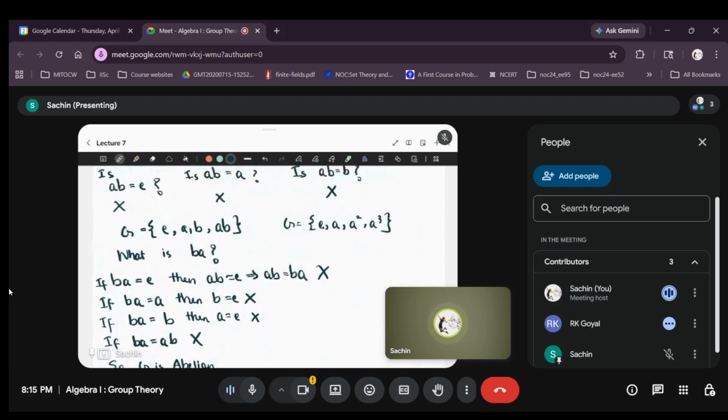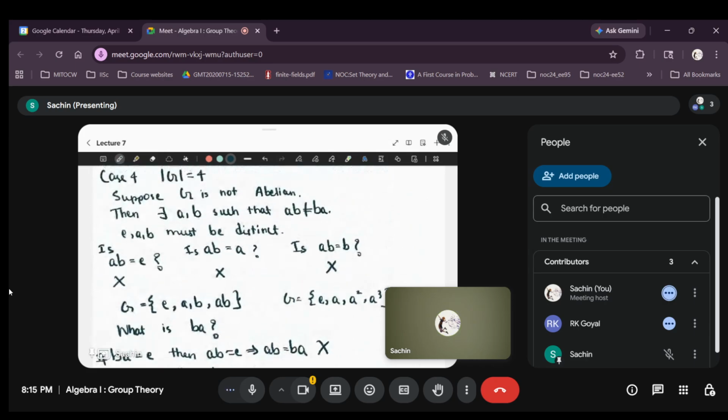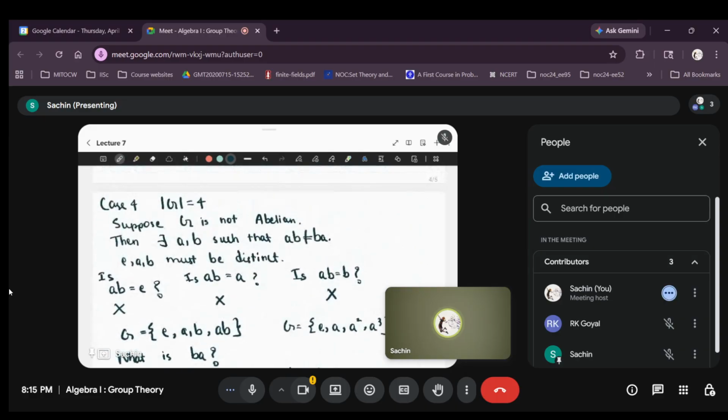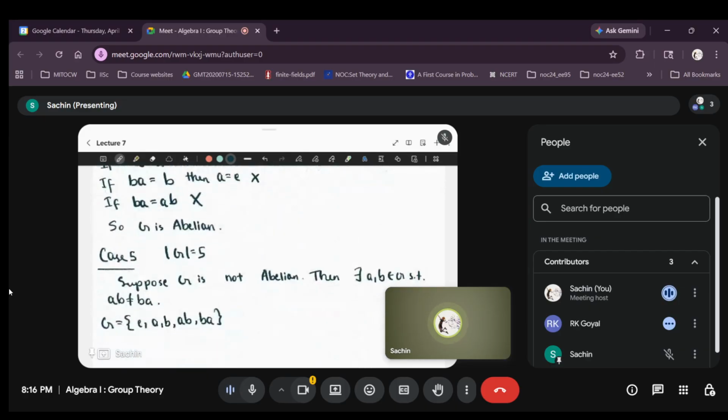So we already showed that AB cannot be equal to E or A or B in the previous thing, right? If A and B are distinct and AB is not equal to BA. Under those assumptions, AB is not equal to E, it's not equal to A, it's not equal to B, so it must be one of the elements.